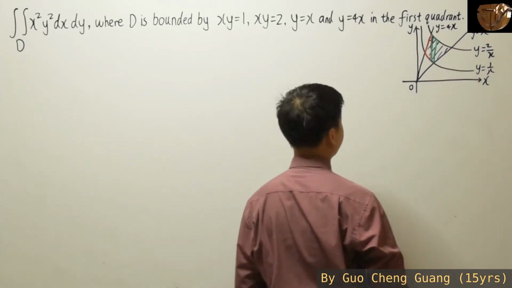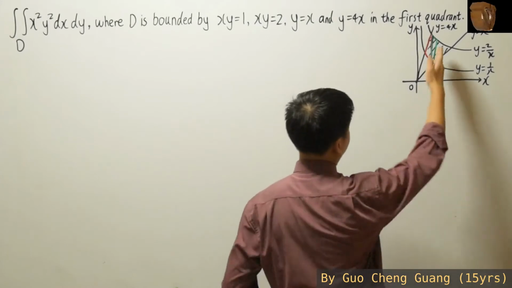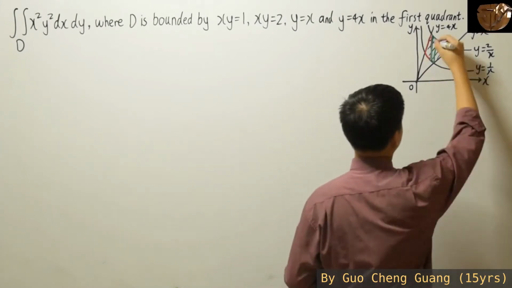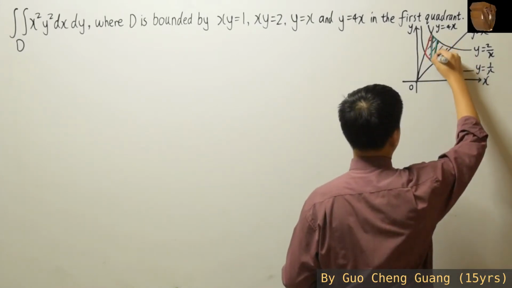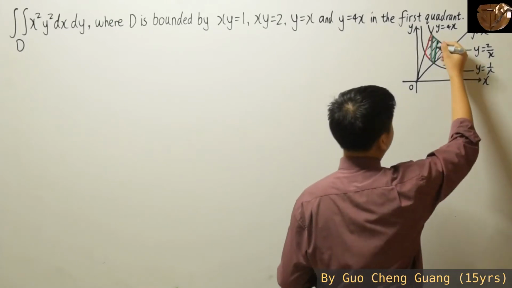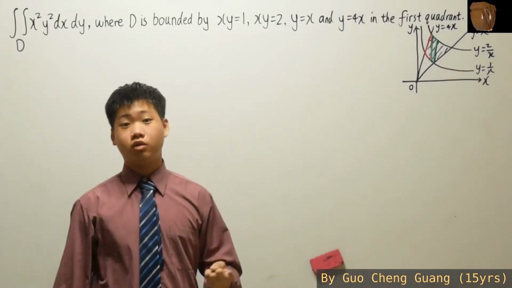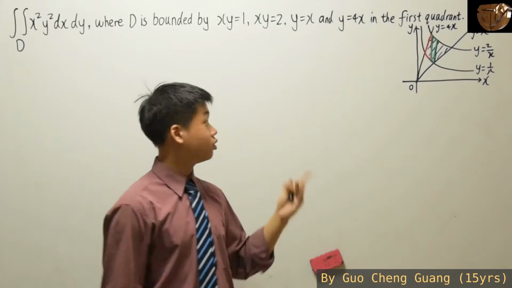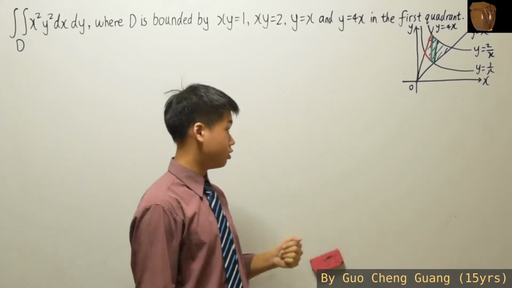So here we have two of the pieces already, while the last is just the rest of it, basically. So we have these three different pieces that we have to separate this graph into.